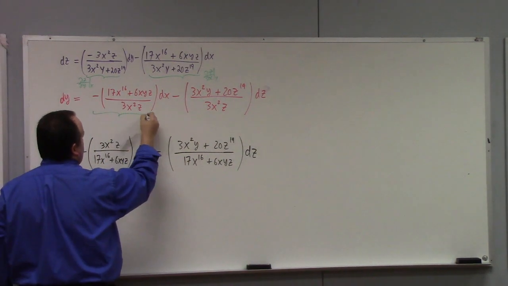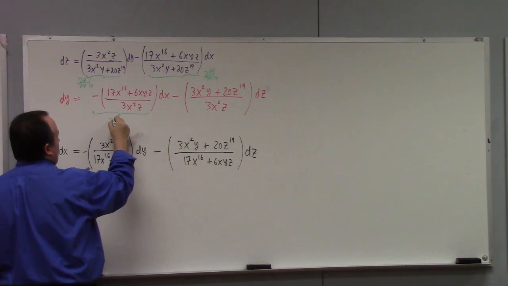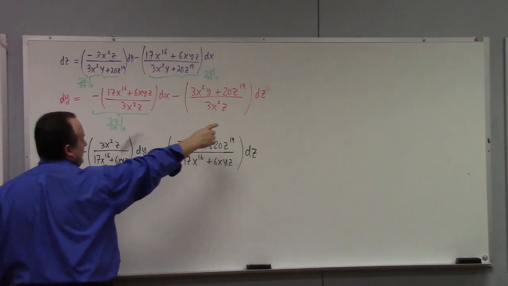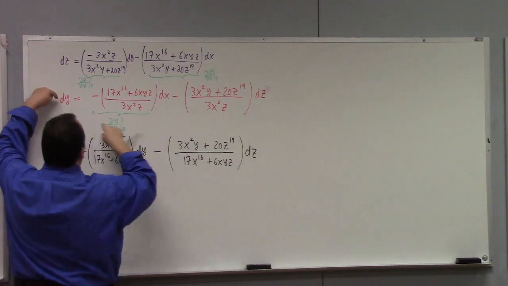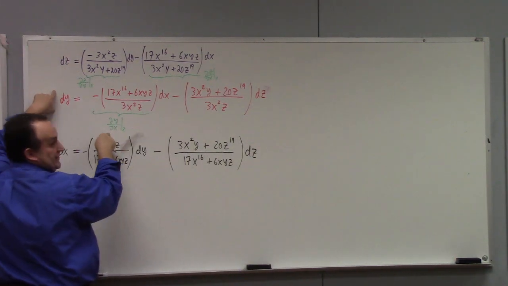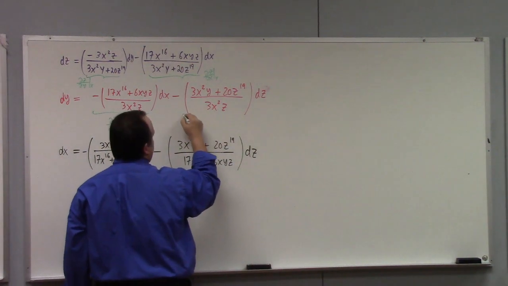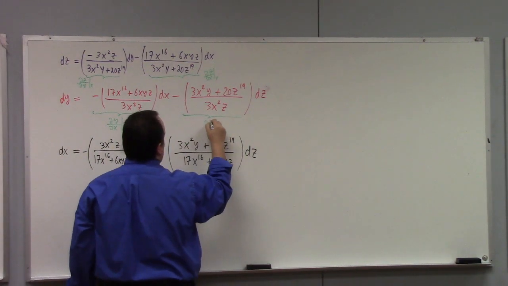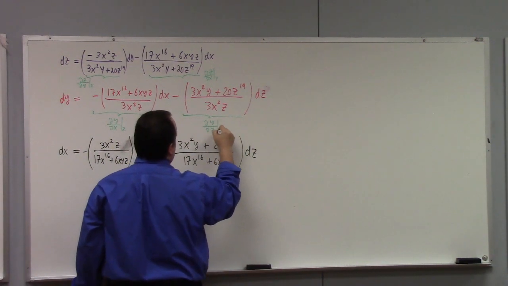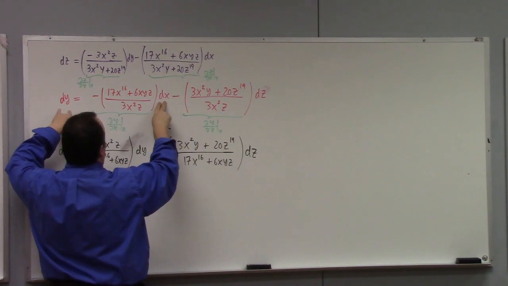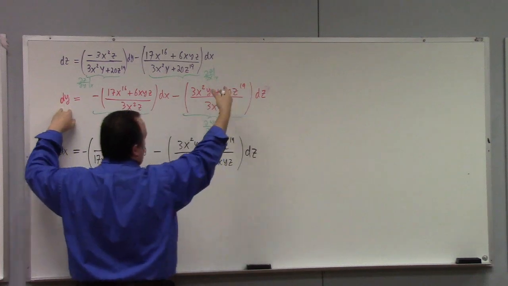So this one is partial y, partial x, holding z fixed. Because if I set dz equals to 0, dy dx is the partial derivative here. And this one, again, including the minus, is partial y, partial z, holding x fixed. Because if I put dx equal to 0, that's holding x fixed, and then dy dz is literally this quotient.